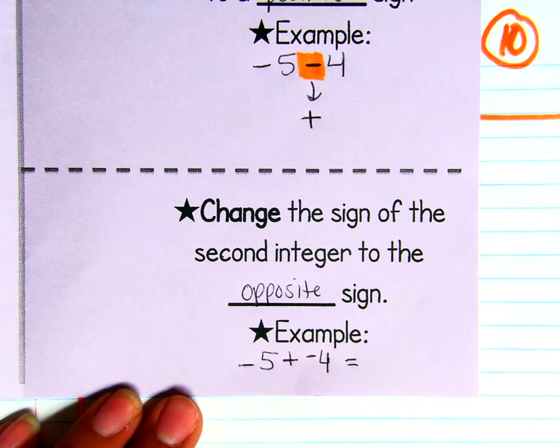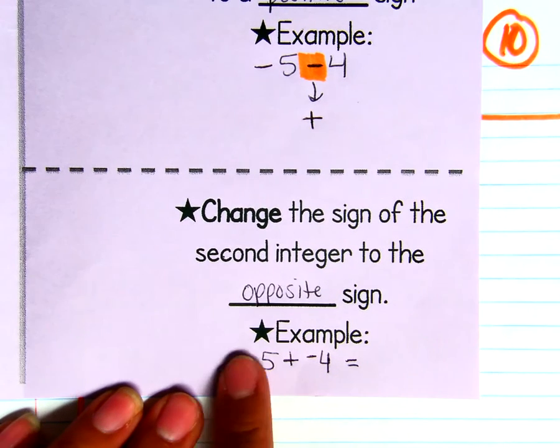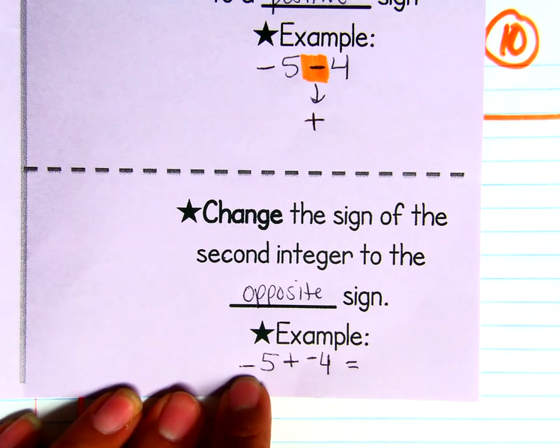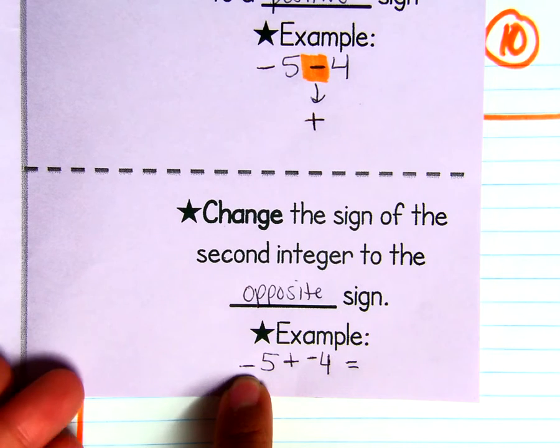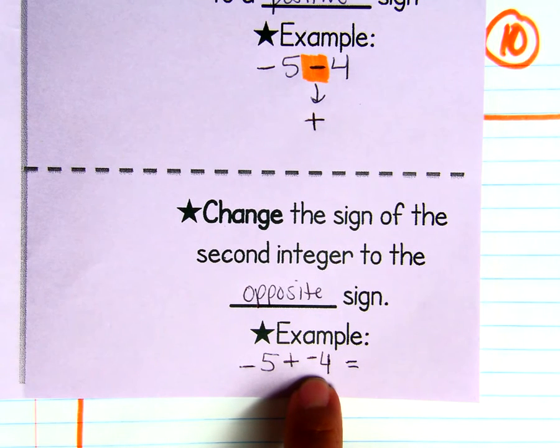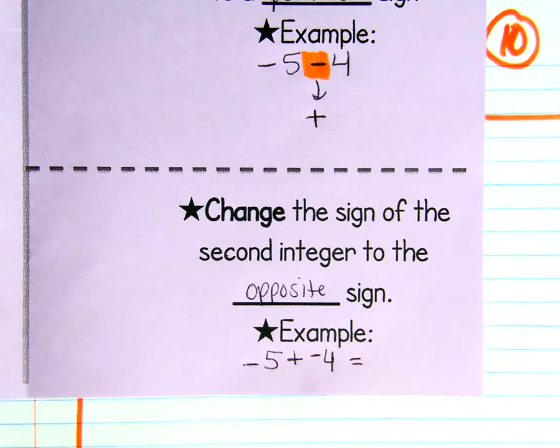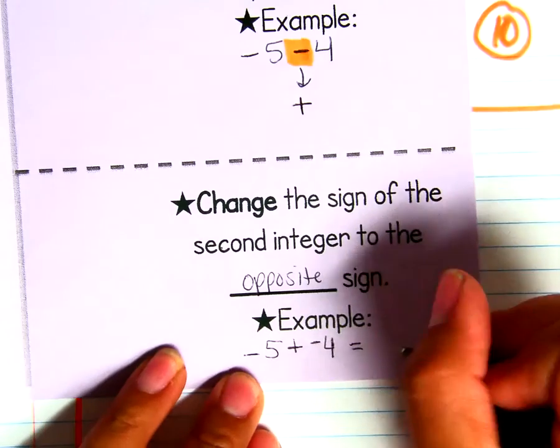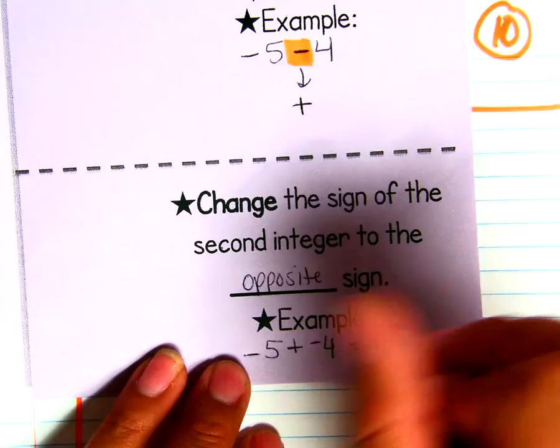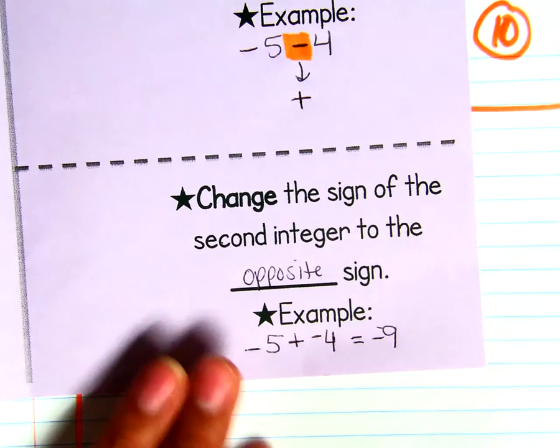If you forget, just go back to those integer chips. If we have a -5, we draw negative signs, and for a -4, more negative signs. So you add them and keep the sign. Your answer should be -9.